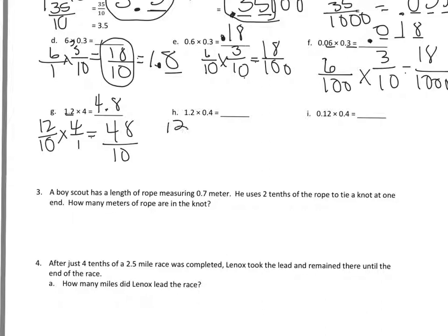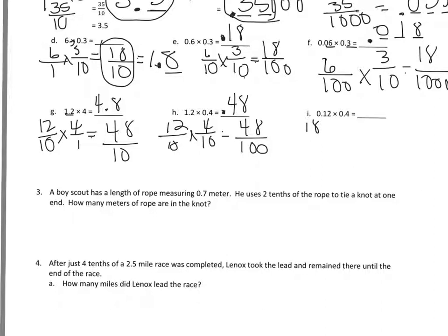1 and 2 tenths would be 12 tenths again. This time it's times 4 tenths. 12 tenths times 4 tenths is 48 over 100, which is 48 hundredths.